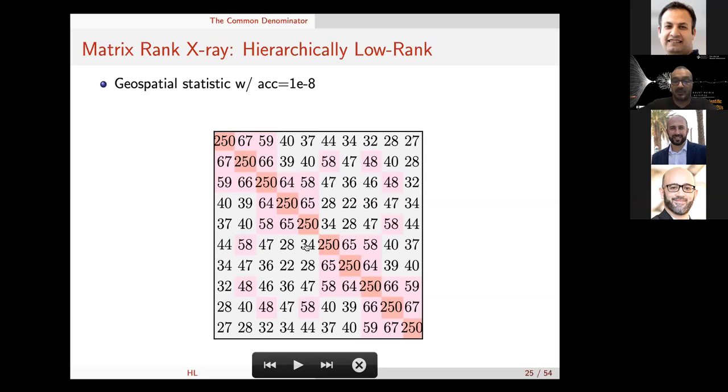So there is a tremendous gain here in terms of memory footprint, obviously. You require less data to be stored, but also in terms of arithmetic complexity, you do less computation. So it's like one stone, two birds. You are able to solve not only large problems, but also solve them rather fast.